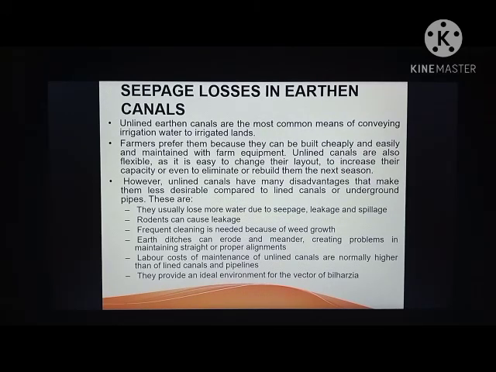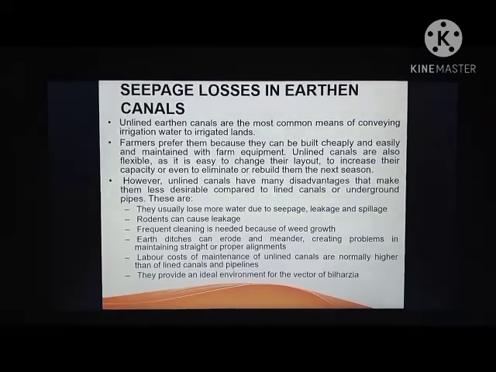Next, earth ditches can erode and crumble, creating problems in maintaining straight or proper alignments. And labor costs of maintenance of unlined canals are normally higher than those of lined canals and pipelines. They provide an ideal environment for the vector of bilharzia.